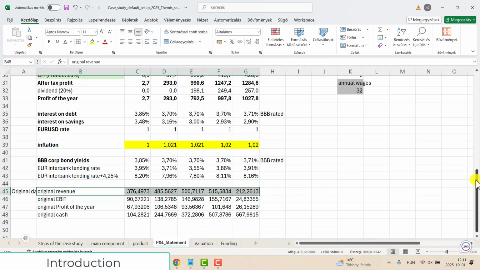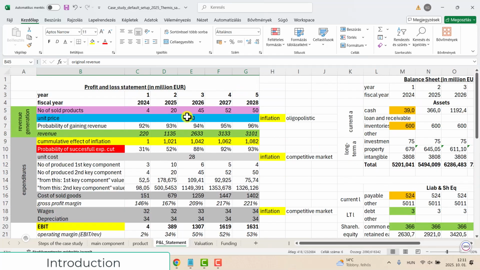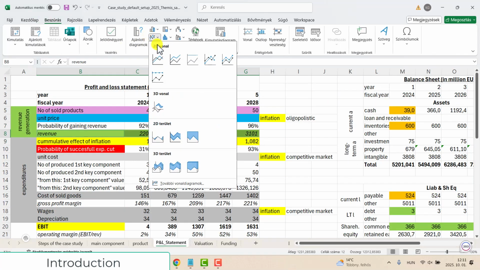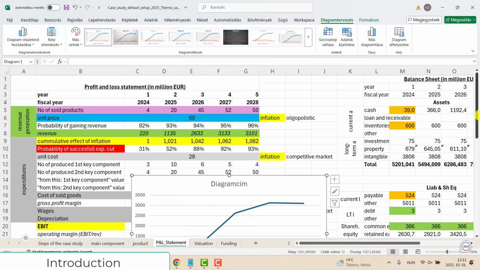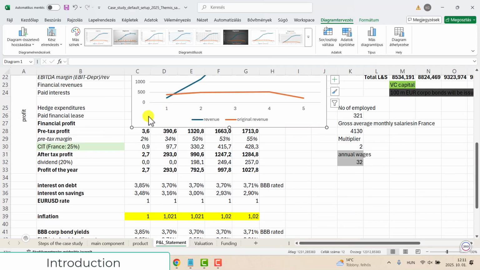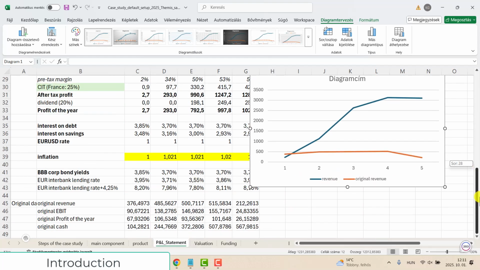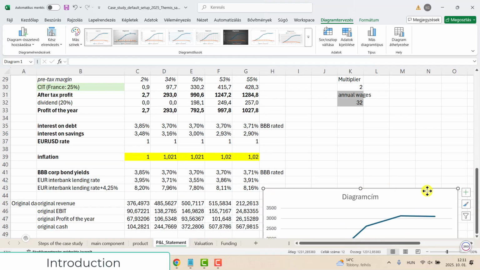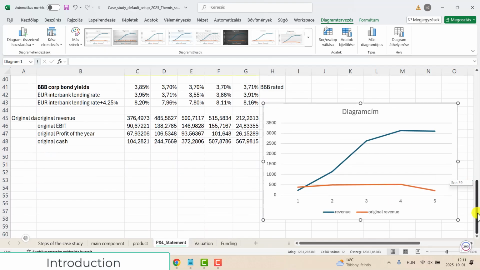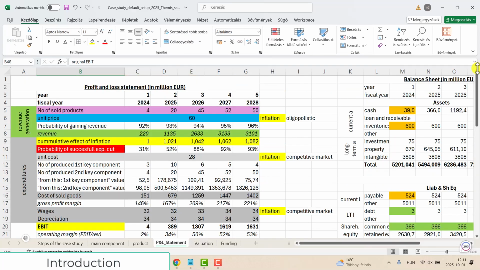We can say that original revenue versus the current revenue. Can we put everything into one graph? Maybe it will be a mess. Okay, let's not do that. Okay, so let's pick EBIT.